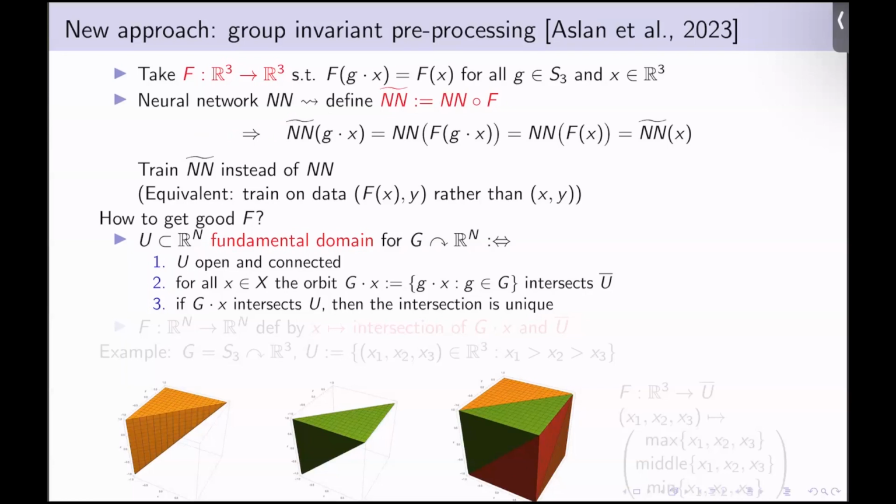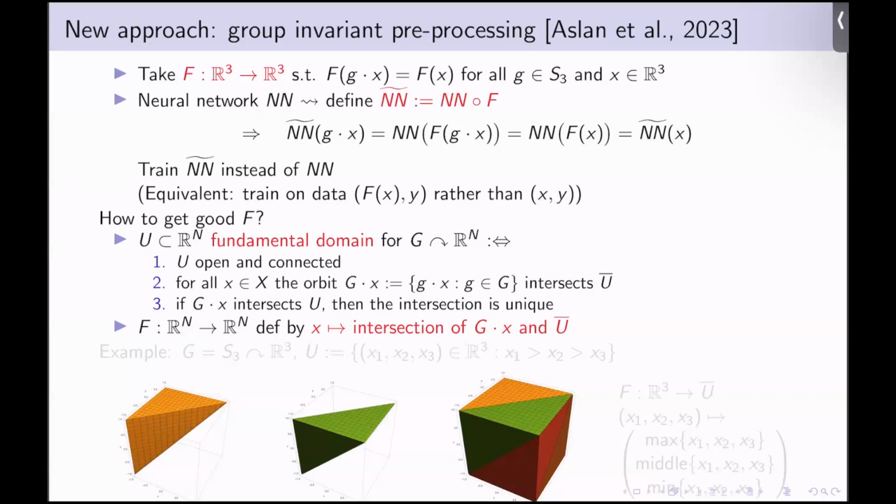Those are the conditions for a fundamental domain. And if you found such a fundamental domain, you can define the following pre-processing map, capital F. Namely, you say that some point x is mapped to the intersection of the orbit gx with the closure U bar.